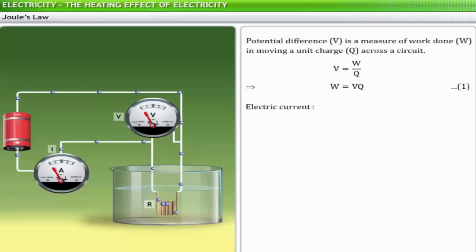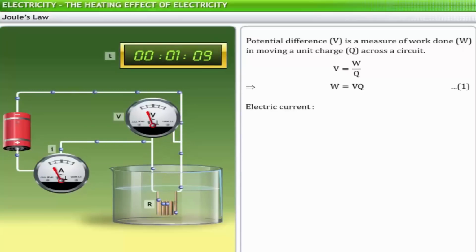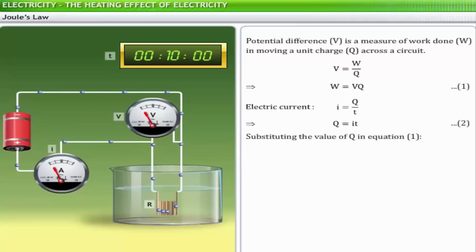The amount of electric charge passing through a circuit is the product of the electric current and the time of flow. From this, we get equation 2: I is equal to Q divided by T, or Q is equal to IT. Substituting the value of Q in equation 1, we get equation 3: W is equal to VIT.